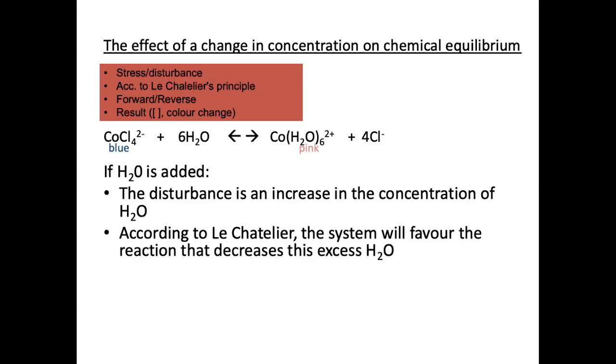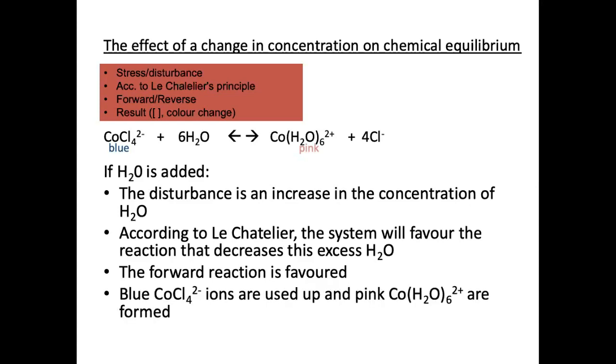Then, according to Le Chatelier's principle, the system will favor the reaction that decreases the water. Right, that's the opposite. And when we look at it, we see that the forward reaction is favored, and the result will be the blue color. The blue cobalt chloride ions are used up, and the pink Co(H2O)6 2 plus ions are formed. So that will be the result, the change in concentration.